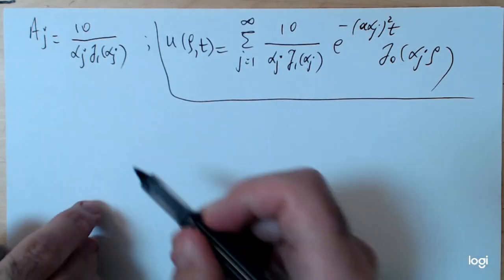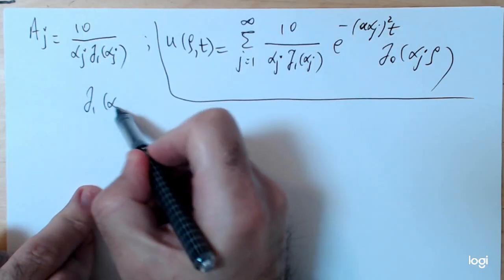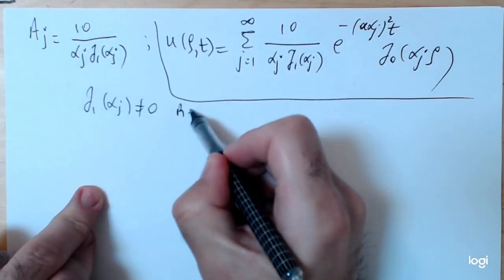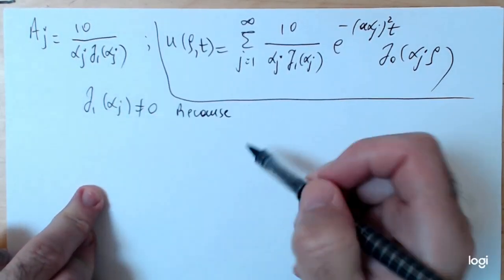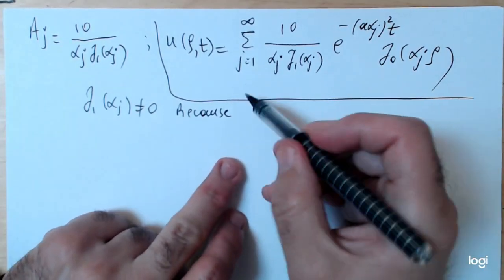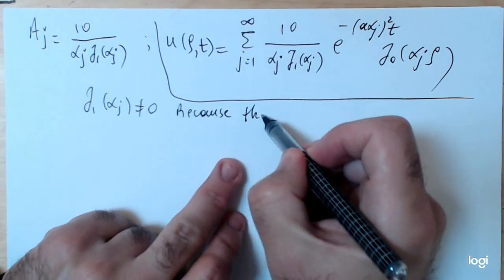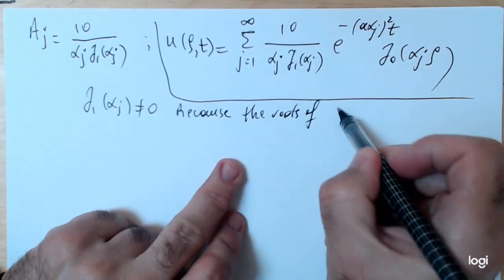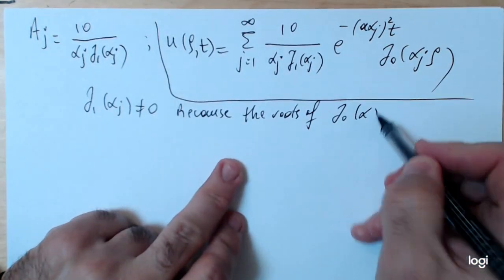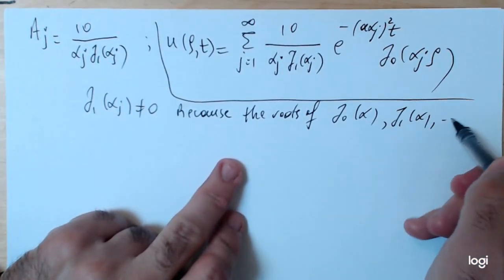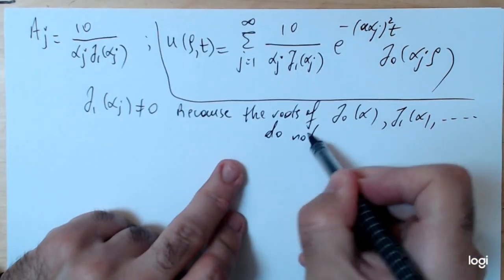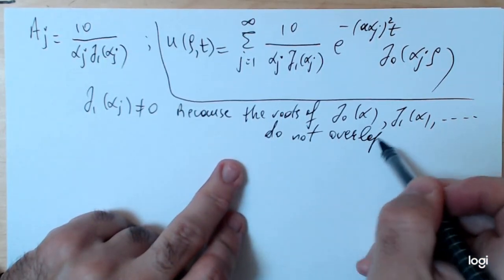One last remark. Notice that j1 of alpha j is not going to be 0 because, and that's an important remark, I think I mentioned it once, but it's worthwhile to write it down, because the roots of j naught of alpha, j1 of alpha, etc., do not overlap.